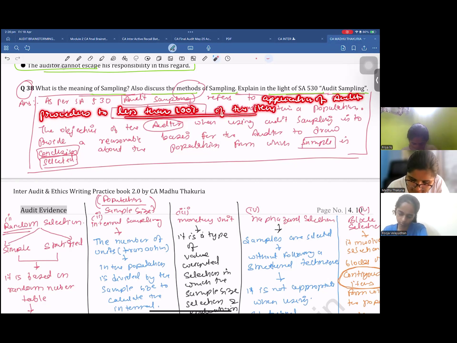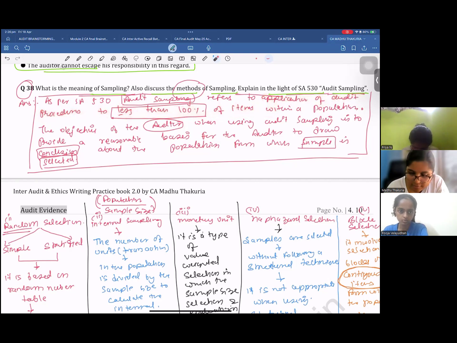Please underline less than 100% of the items within a population. Audit sampling refers to application of audit procedure. What audit procedure? Risk assessment procedure, further audit procedure, test of control, test of details, and all. Where in an item which is less than 100% of the items.